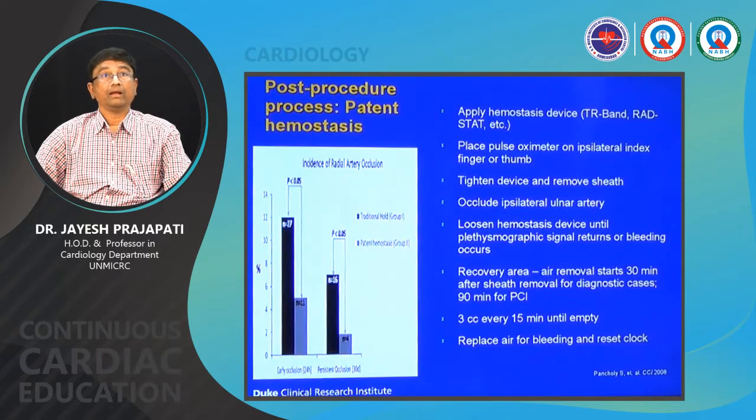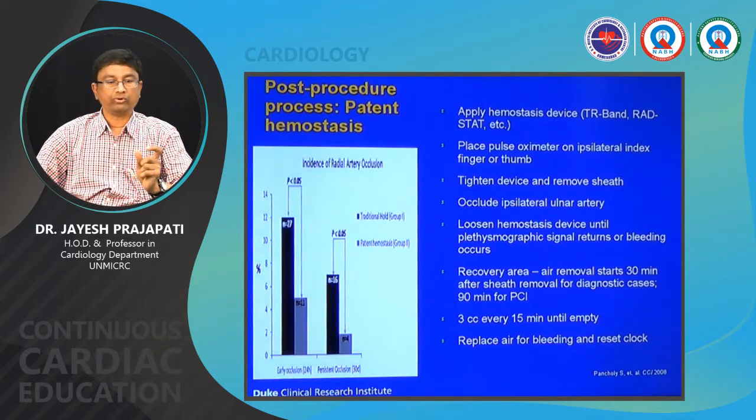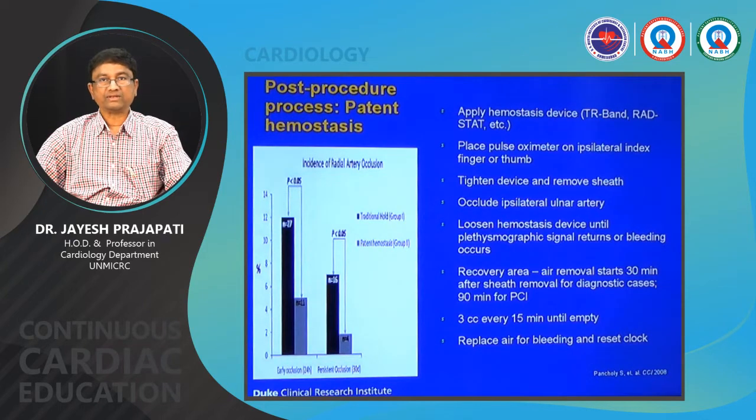So patent hemostasis, once you are done after angiography, you can remove the sheath and apply manual compression and put on a bandage. Always don't keep it too tight, but keep some gap behind, so that if some swelling occurs, you can always see the venous return.